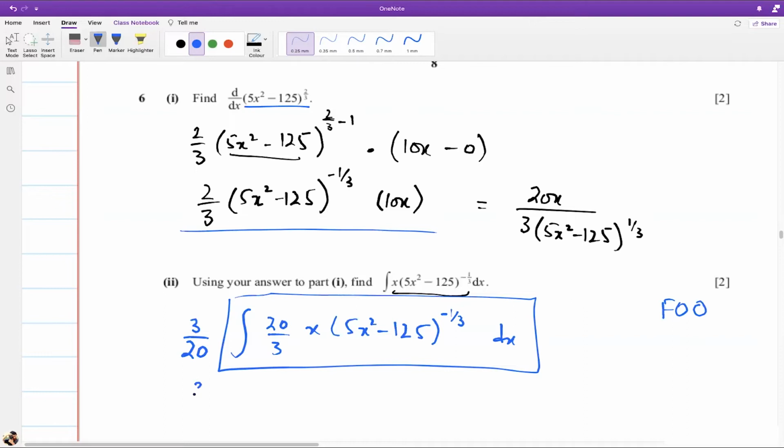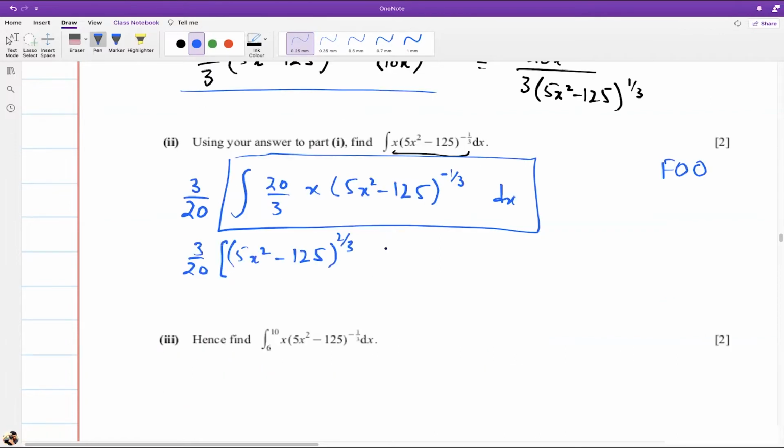So I'll be like, okay, this is equal to 3/20 into 5x squared minus 125 power 2 by 3 plus c obviously. ठीक है? c नहीं भूलना आप.